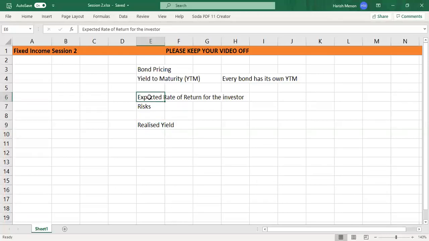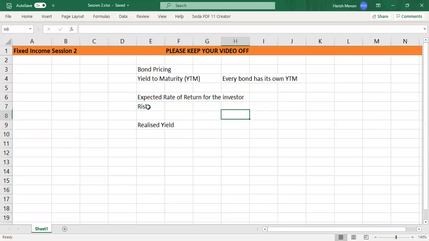You're basically saying, what is your expected rate of return from this particular bond? And that expected rate has a lot to do with risk in that bond. So if you think the bond is very risky, you will expect a higher rate of return. You must have heard the basic maxim in financial markets, right? Higher the expected risk, higher the expected rate of return.